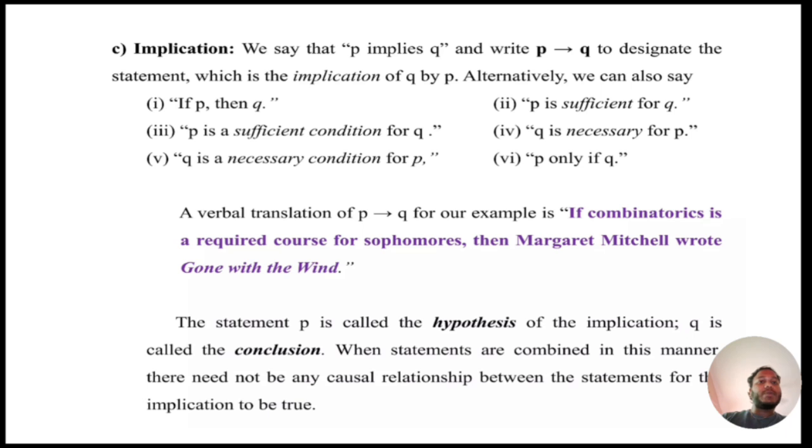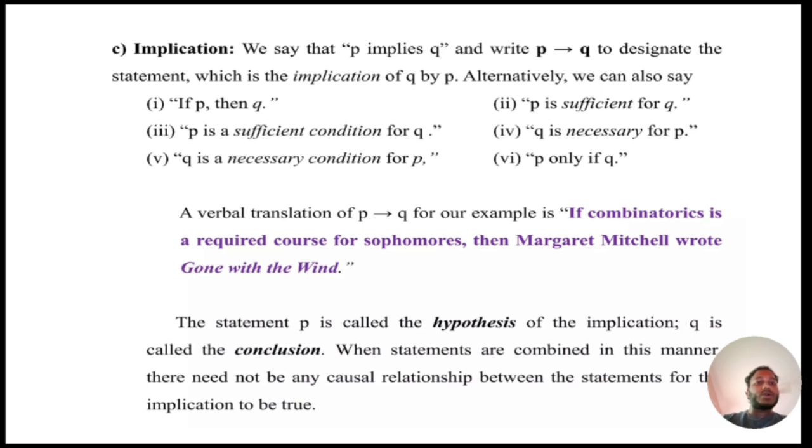Implication. We say that P implies Q, written as P → Q, designates the sentence which is implicated by P. Alternatively, we can also say: if P then Q, P is a sufficient condition for Q, Q is a necessary condition for P, P only if Q. The verbal translation of P → Q, for example: if combinatorics is required, then it is a course for sophomores.